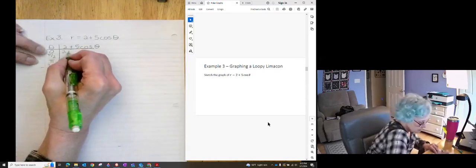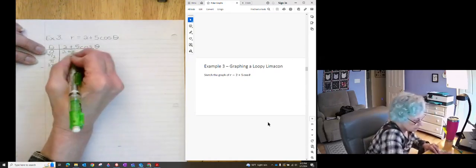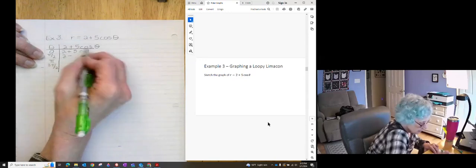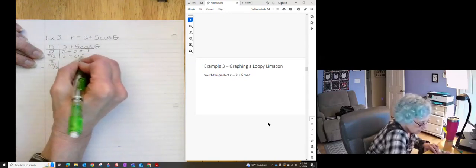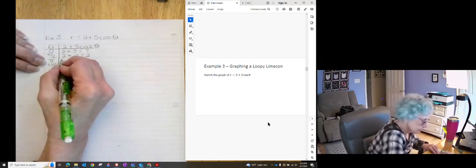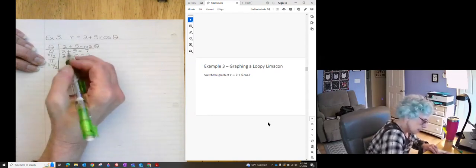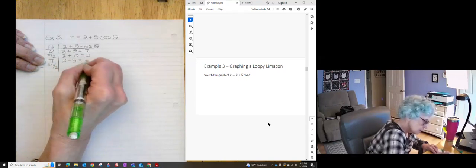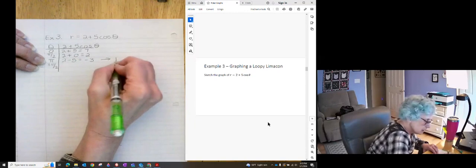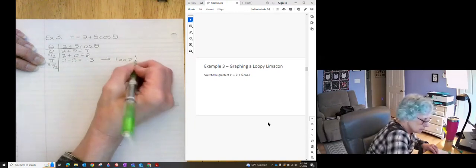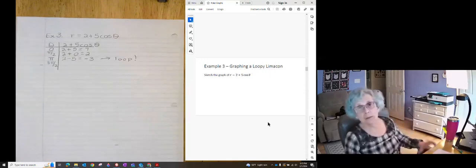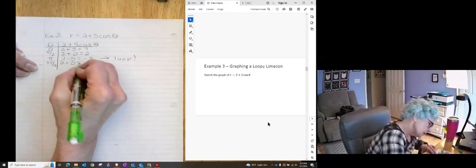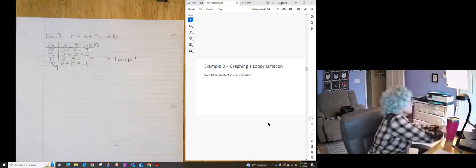So 2 plus 5 times 1 is 7. Cosine of pi halves is 0, so just 2. Cosine of pi is negative 1, so I have 2 minus 5, negative 3. There's the loop. When you get that negative number, you got a loop. And then 2 plus 0 is 2.